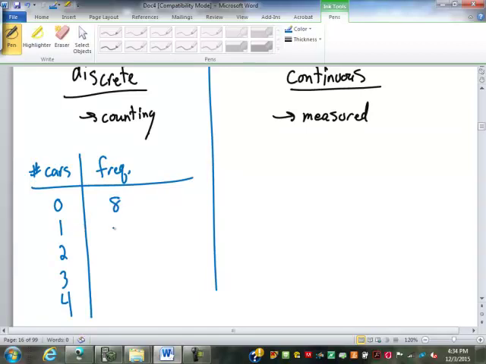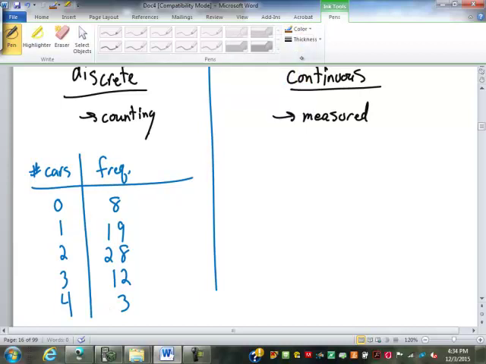So we actually have some with no cars. You get outside the city limits, there's very few families without a car. Let's say it breaks down like that.